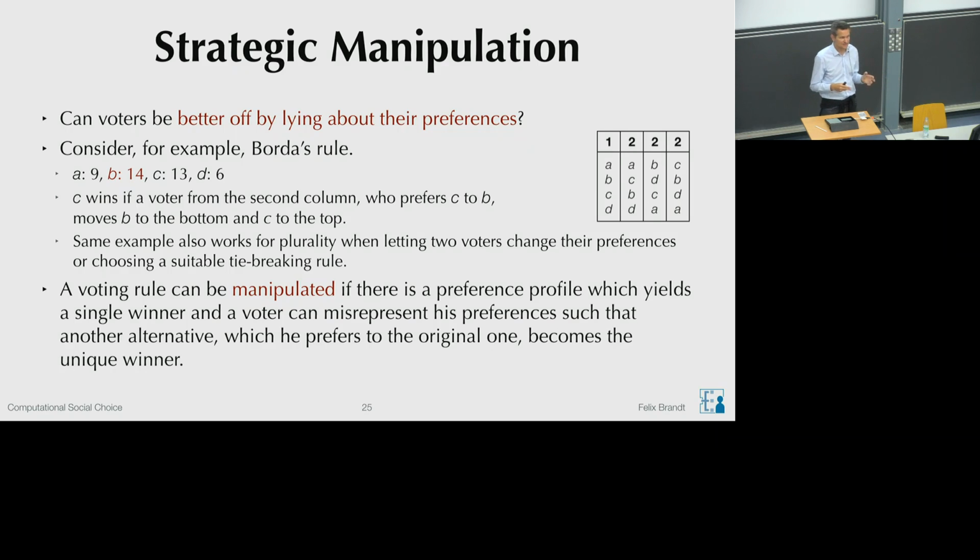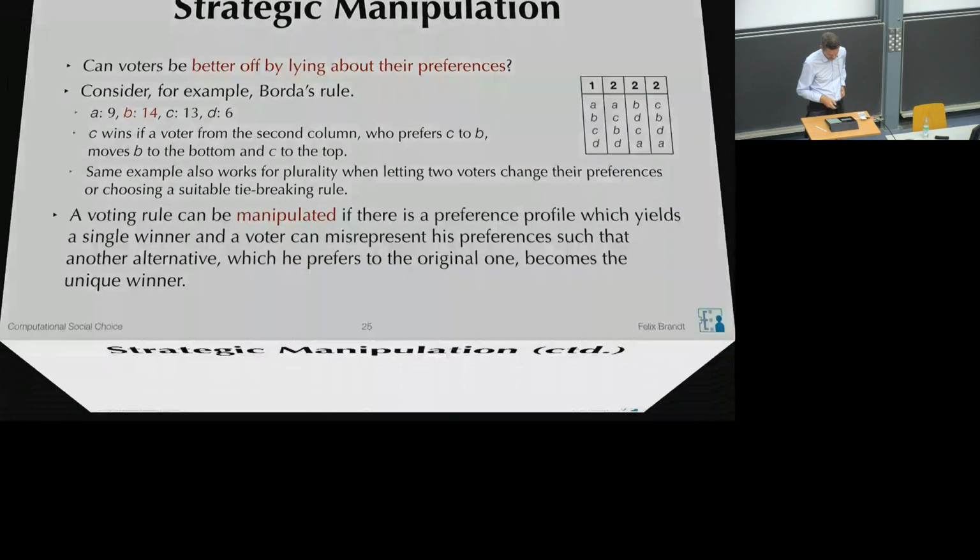We are going to study how to compare sets. But for the beginning in this course, when we talk about manipulation, we only compare outcomes where there is a unique winner. So a preference profile with a unique winner, and then one voter lies about his or her preference relation such that the new winner is different from the original one and is preferred to the original one by this particular voter. That's an example of strategic manipulation.